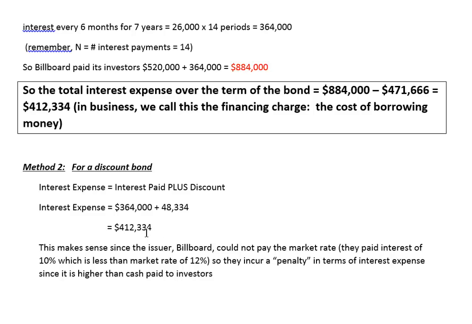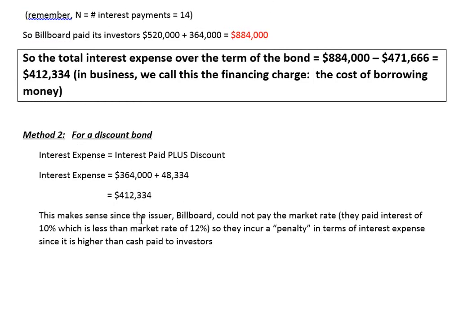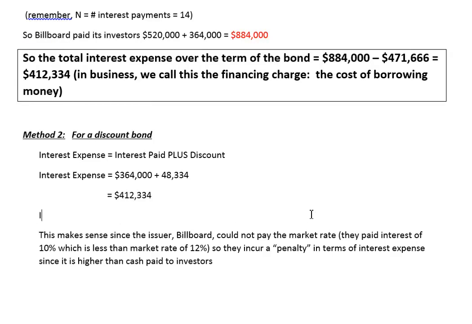So what do you know from this? You can tell here, just a little learning point, interest expense is greater than interest paid for a discount bond. We know this to be true, and this should make sense to us. Why? Because the interest expense is based on your market rate of 12%, and the interest paid is based on your coupon rate of 10%.